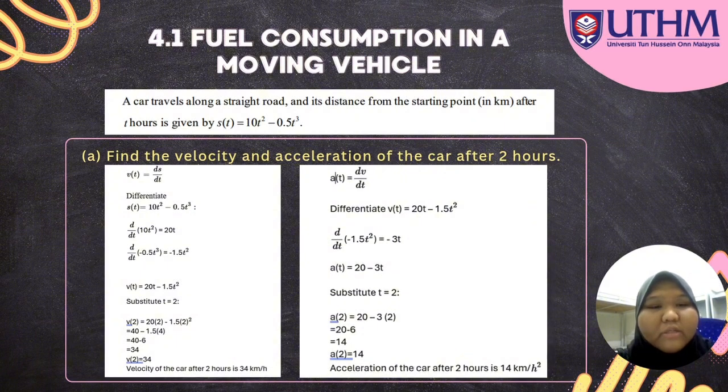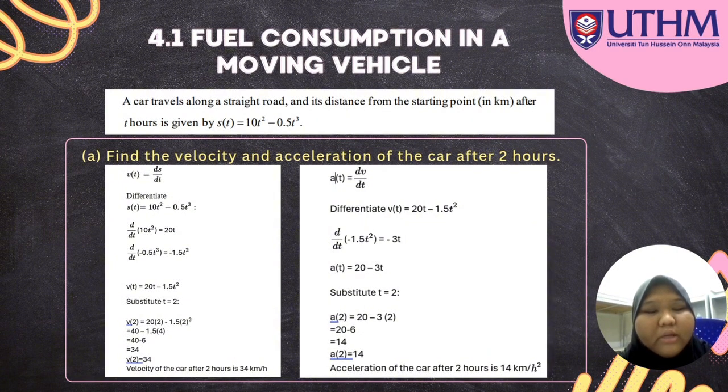We know that velocity is the rate of change of displacement. So we need to differentiate the displacement equation. After differentiating, we get v(t) equals 20t minus 1.5t squared. Next, to find the velocity after 2 hours, we substitute t equals 2 into the equation.